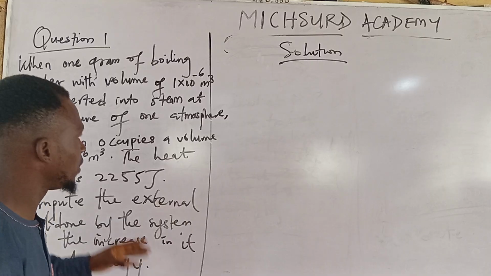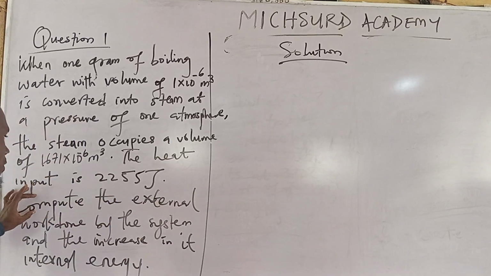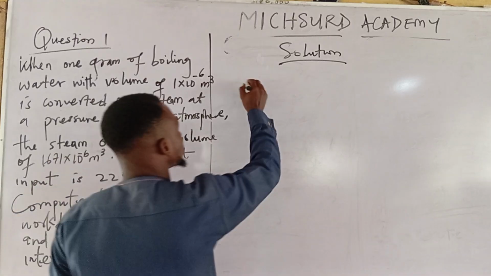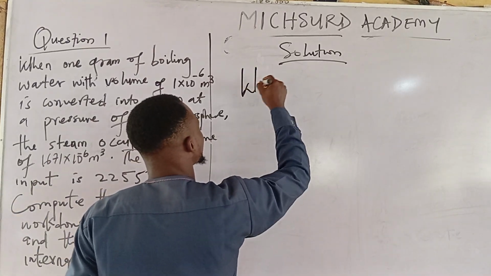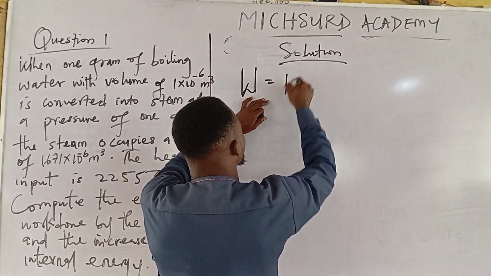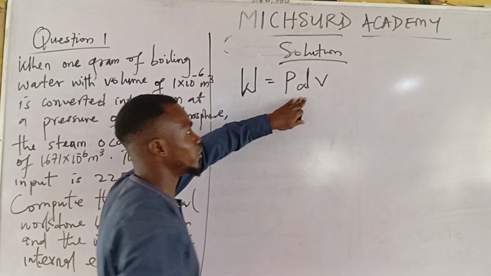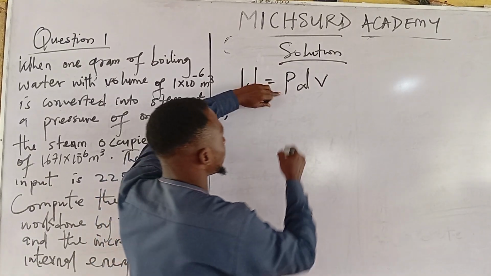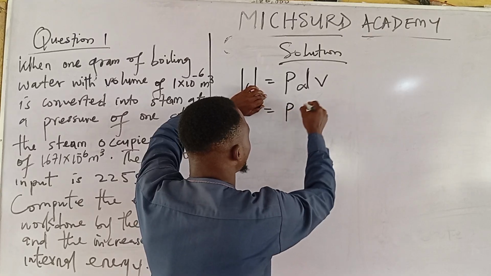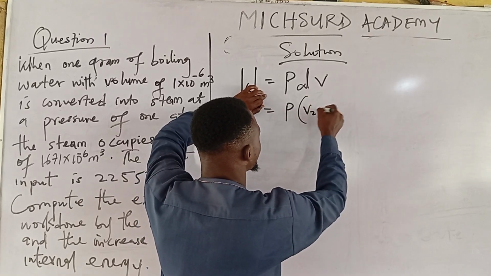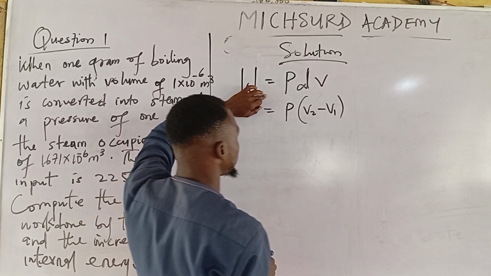So here, let's start with the first question. First question says compute the external work done. Now the external work done in thermodynamics is given as the pressure times the change in volume, which is the same as writing P times the change in volume, V2 minus V1.